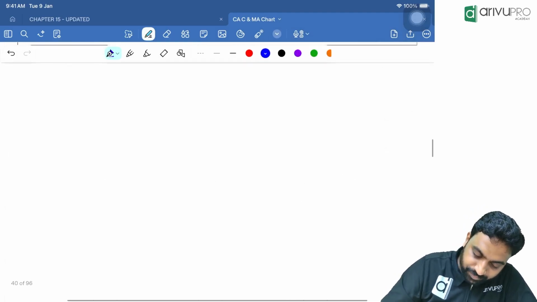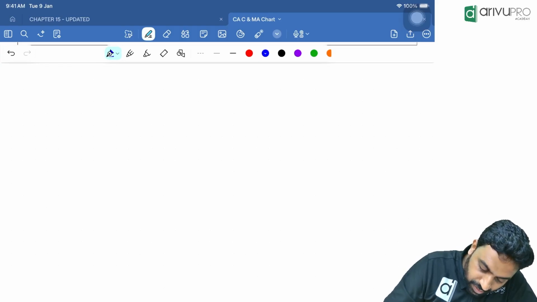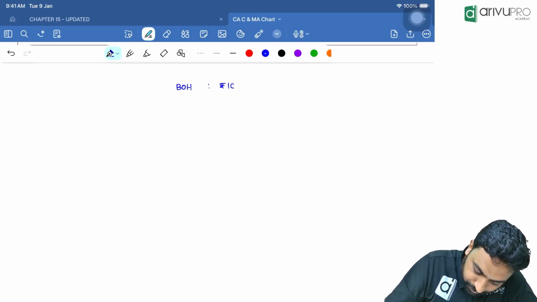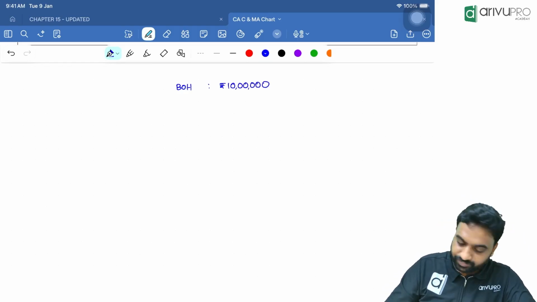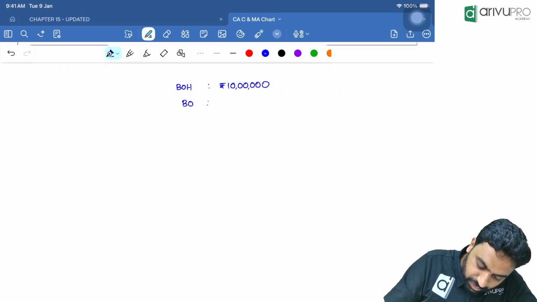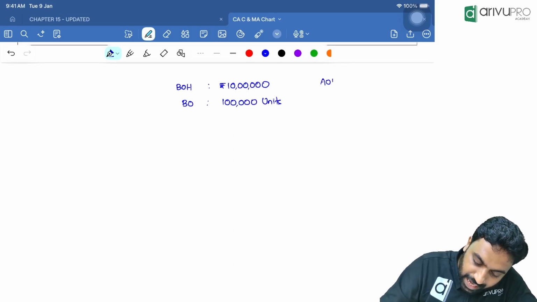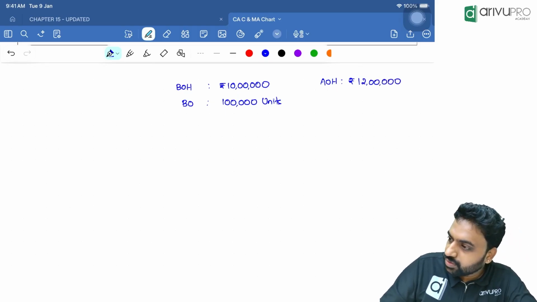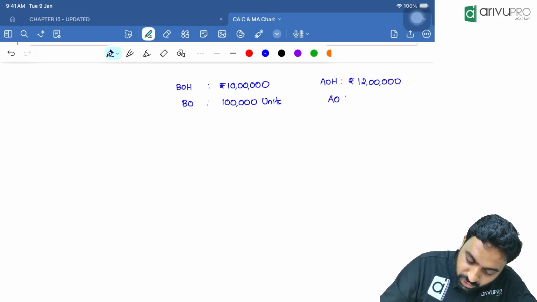Let's say budgeted overhead is rupees 10 lakh and budgeted output 1 lakh units. Actual overhead, let's say rupees 12 lakh, whereas actual output is 90,000 units.